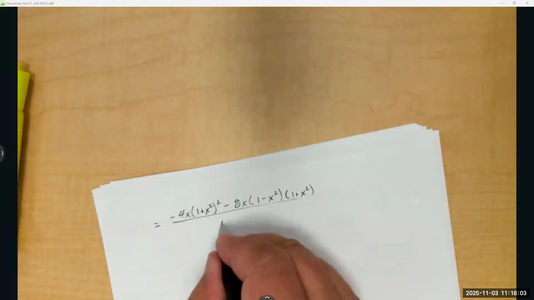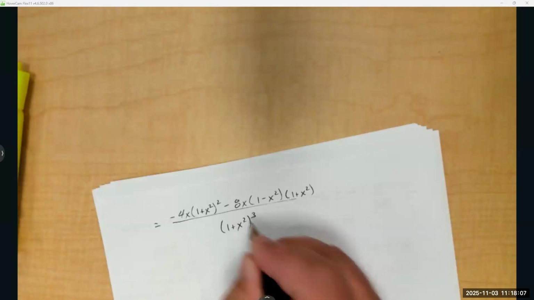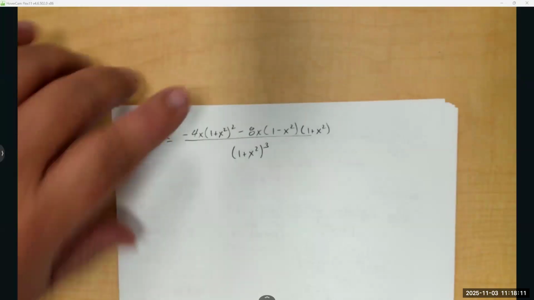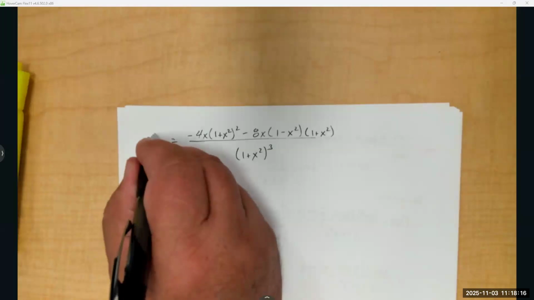And on the bottom, we have 1 plus x squared cubed. Okay, now we can simplify that. This is my second derivative.